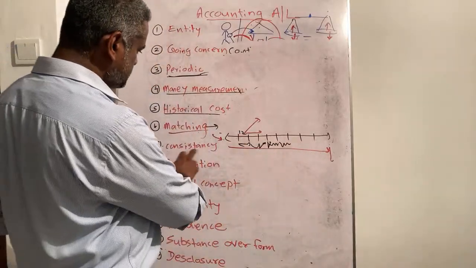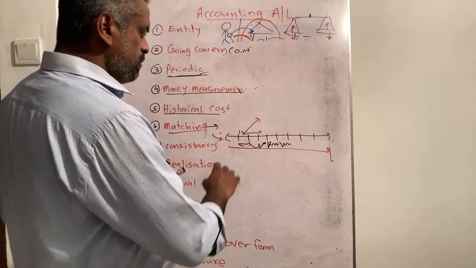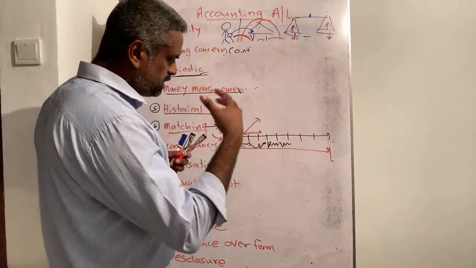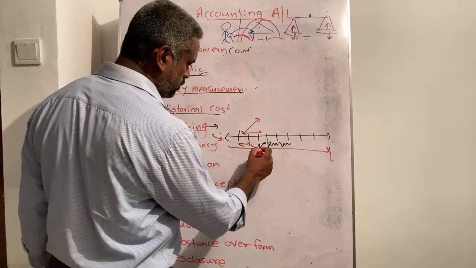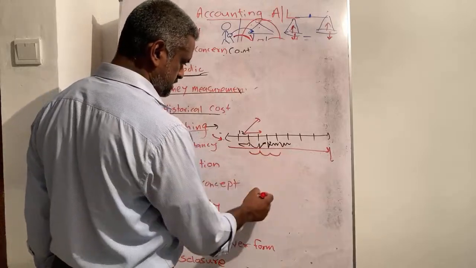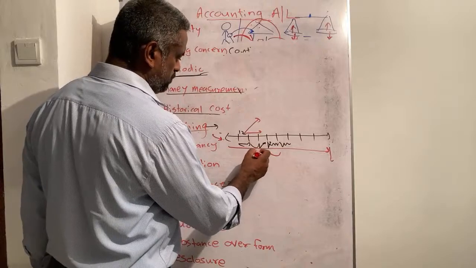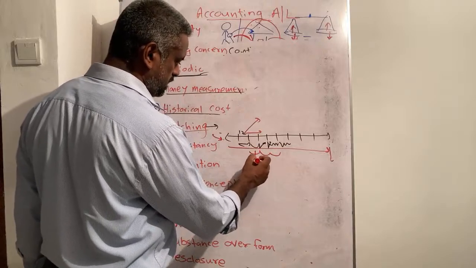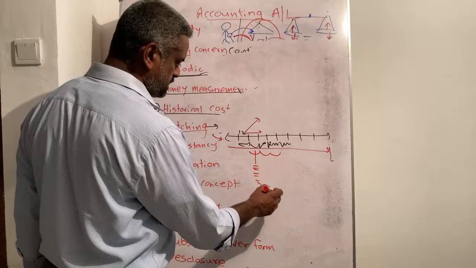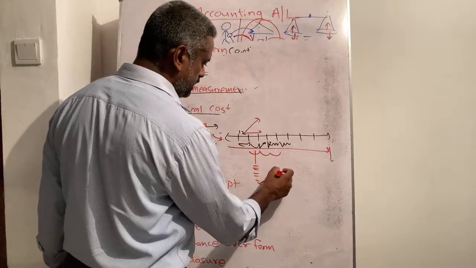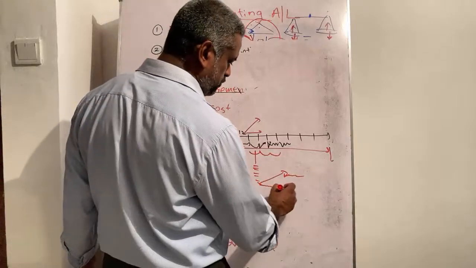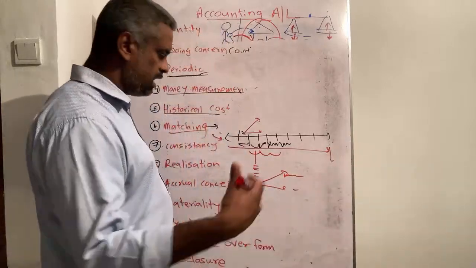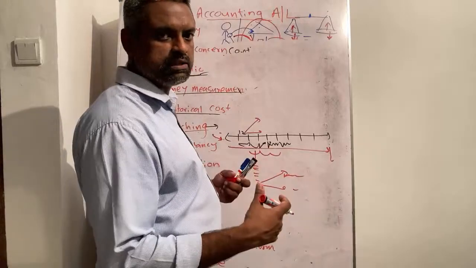Here, the consistency concept says the policies and procedures you follow, you have to follow with consistency. For example, let's say you have chosen a type of policy, such as the depreciation calculation method, or the goodwill calculation method. I will teach you everything in future, right?